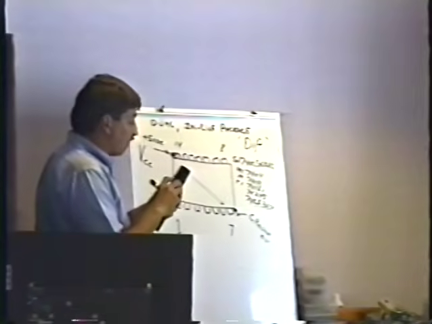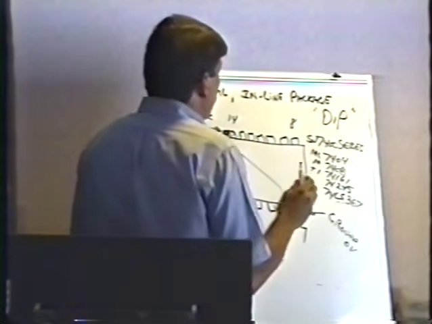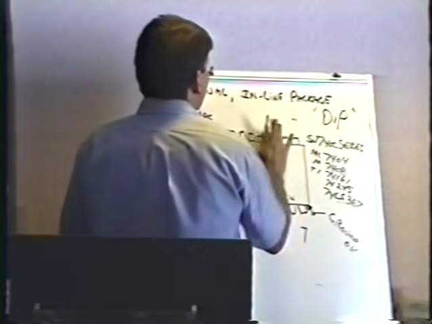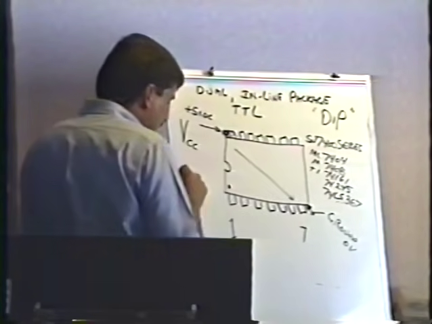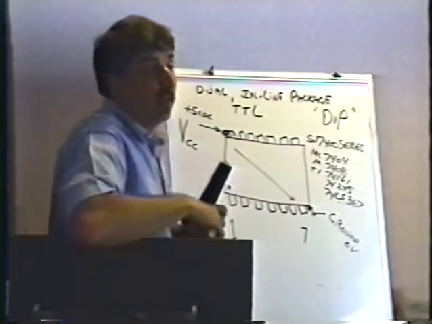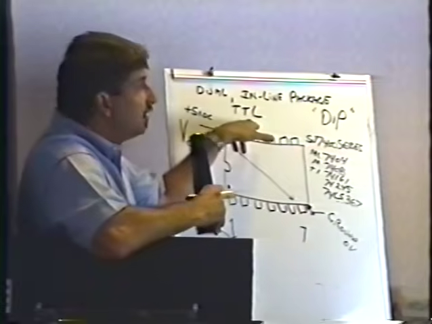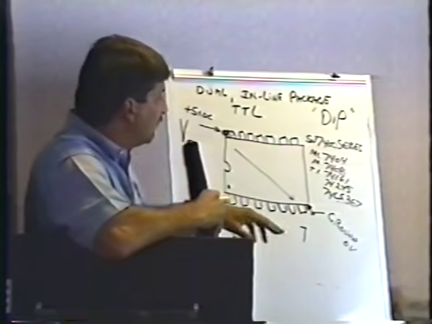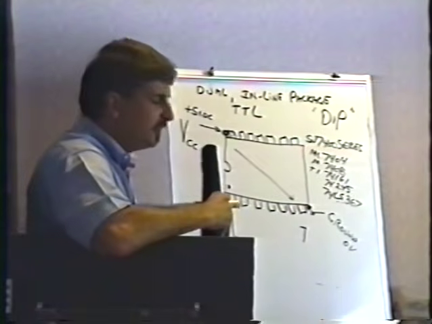These integrated circuits that we use in games, these 7400 series, belong to a family of integrated circuits known as TTL. We're going to talk more about TTL in just a little bit. TTL stands for transistor transistor logic. And all these 7400 series are what we call TTL chips.